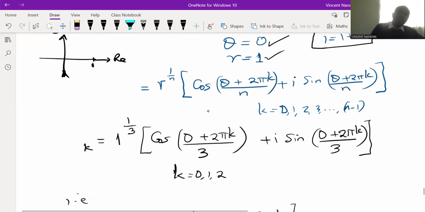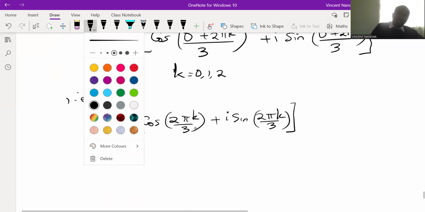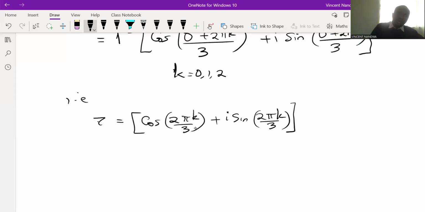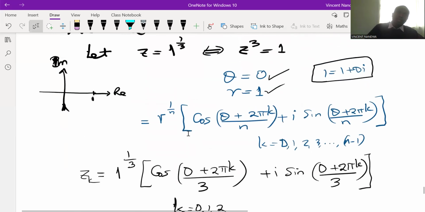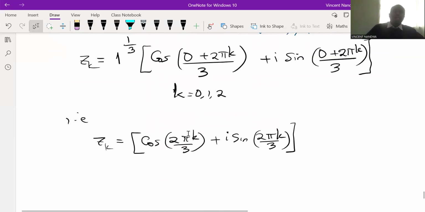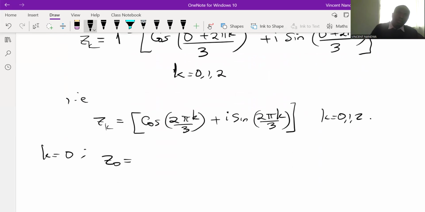So when k equals 0, because k should run from 0, 1, 2, z naught will be cos 0 plus i sine 0, and this will give you just 1.